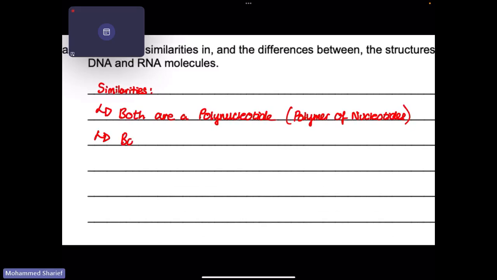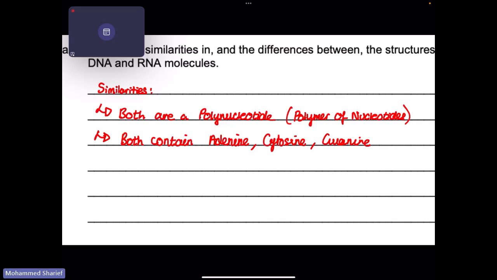Okay, so both contain adenine. Don't say thymine because RNA doesn't contain thymine. Adenine, cytosine, and guanine. And I would say one more, 3 similarities and 3 differences.